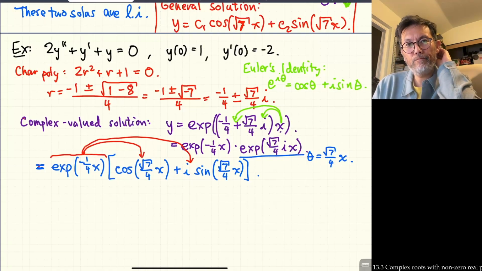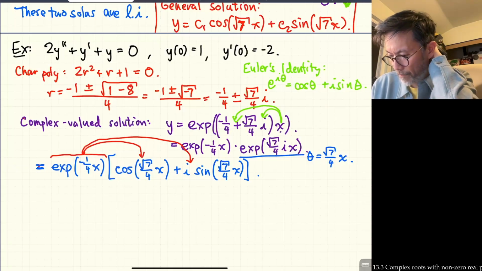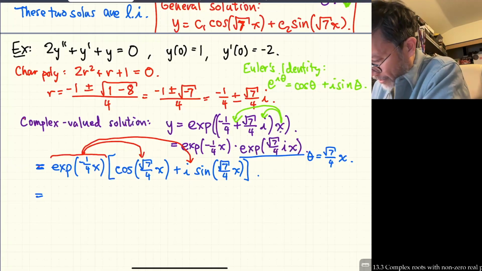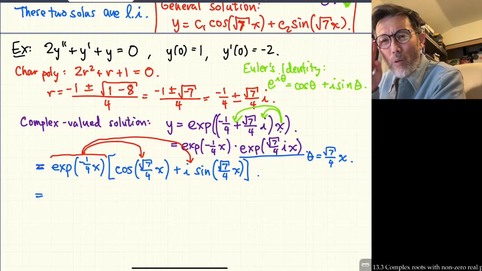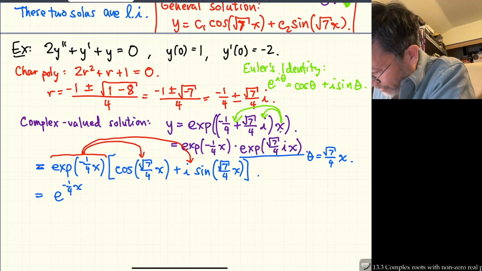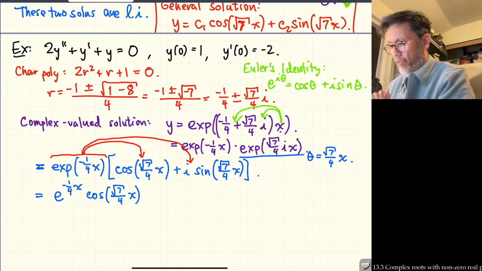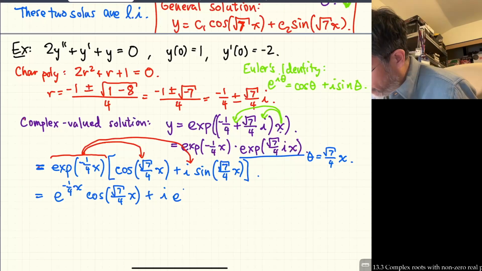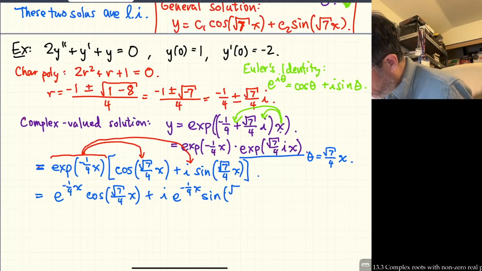I want to write it in the traditional way: e to the negative 1/4 x times cosine of square root of 7 over 4 times x, plus i times e to the negative 1/4 x times sine of square root of 7 over 4 times x.